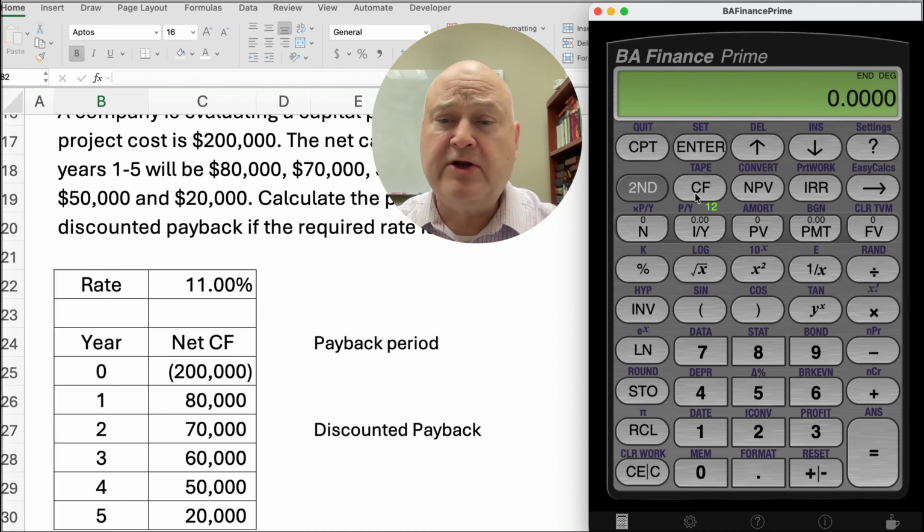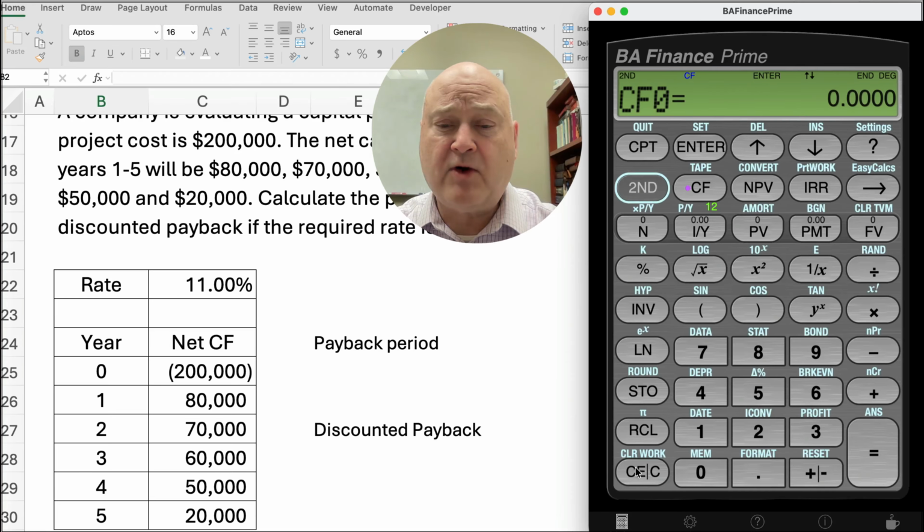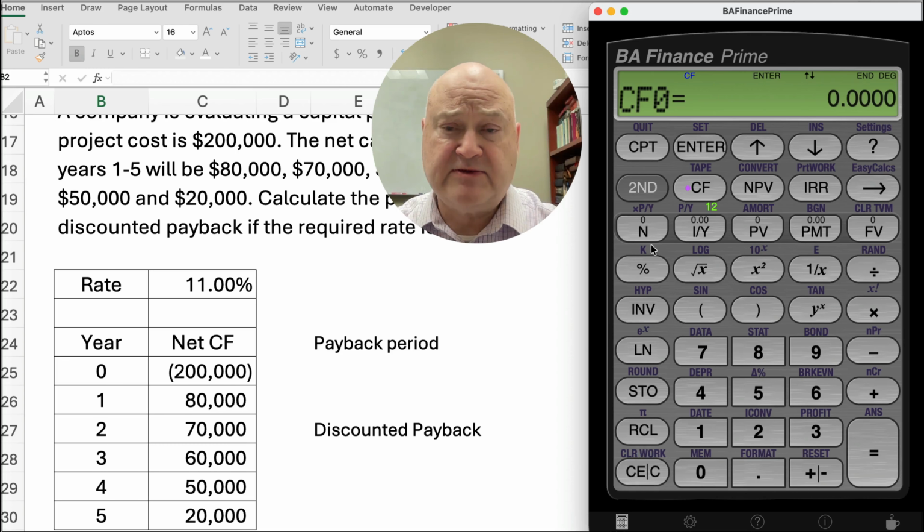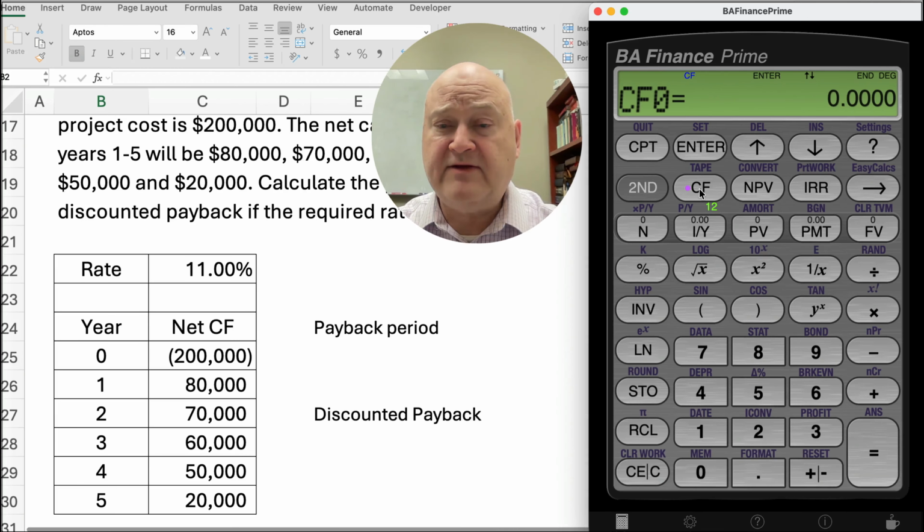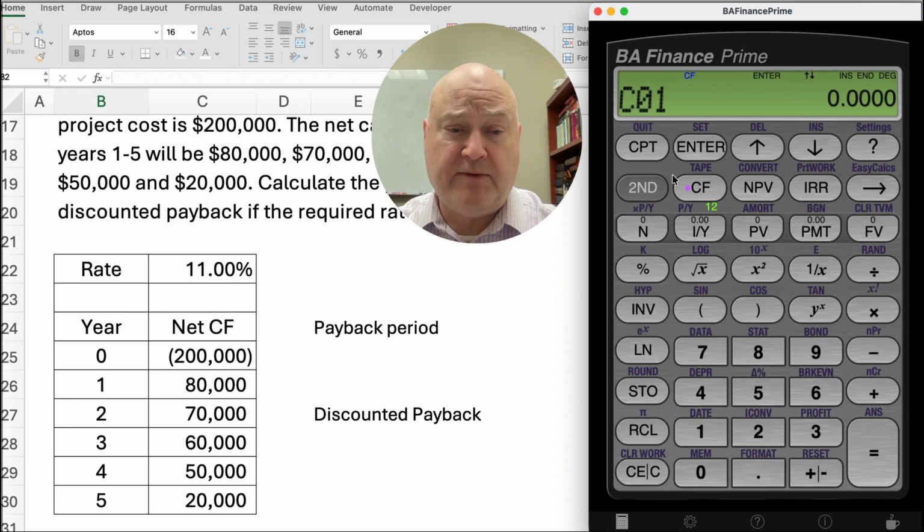Now, how do we do it on the calculator? Well, on the calculator, we're going to use the CF button, the cash flow button. So let's hit the CF button. One thing you want to do here is clear our work. So second function, clear work, make sure there's nothing in the cash flow register so we can get a good answer and the correct answer. All right, so cash flow period 0 is $200,000. And that's going to be negative, and we have to hit enter at the very top row, and then down. Cash flow period 1 is $80,000.